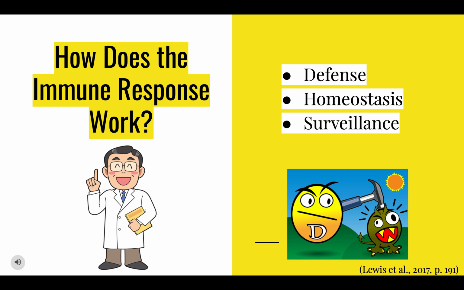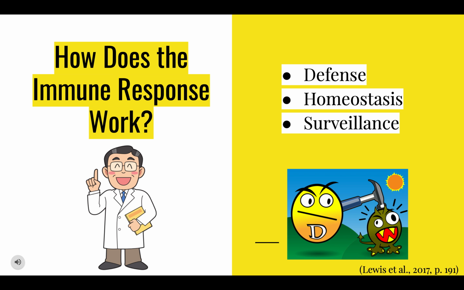Before we get into the specifics of risk factors, clinical management, preventative measures, growth and development, and patient education of the immune response, let's do a quick overview of how the immune response works. There are 3 mechanisms for the normal immune response, which are defense, homeostasis, and surveillance.